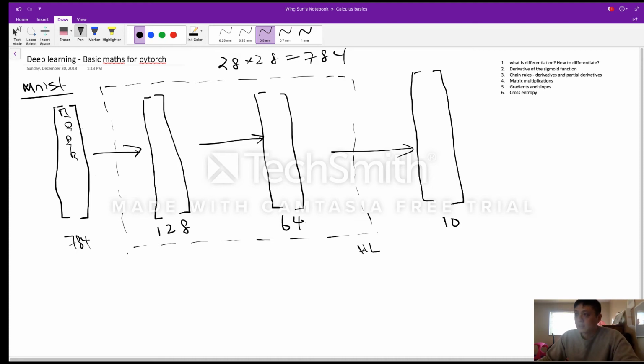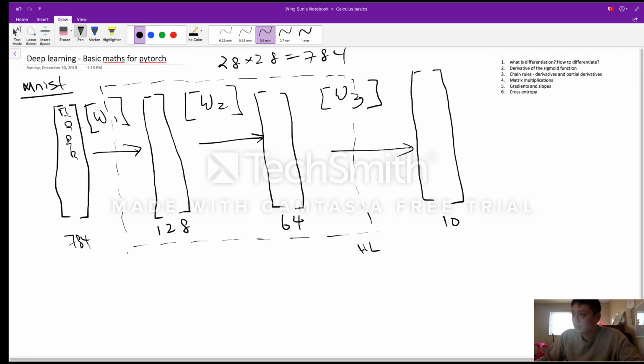I went out to the outside world and read some papers, and these are the two numbers that I want. Now, to transform what you have into this, you actually have weight matrices here. To transform from 784 to 128, you need to multiply this by a weight matrix. Same goes here, and then another weight matrix here.